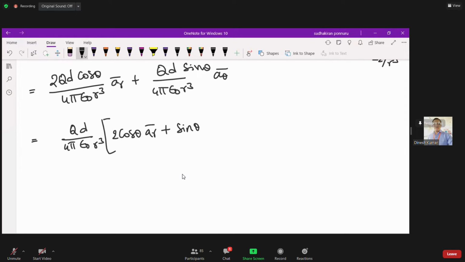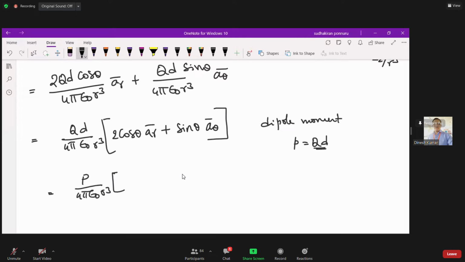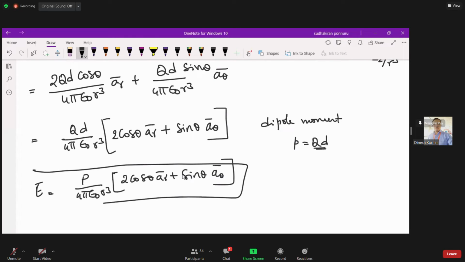Okay, and we know the formula for dipole moment, small p is equal to q into d. So you can replace q into d with p. Therefore p divided by 4 pi epsilon naught r cube multiplied by 2 cos theta ar bar plus sin theta into a theta bar, which is the value for electric field intensity for a dipole.